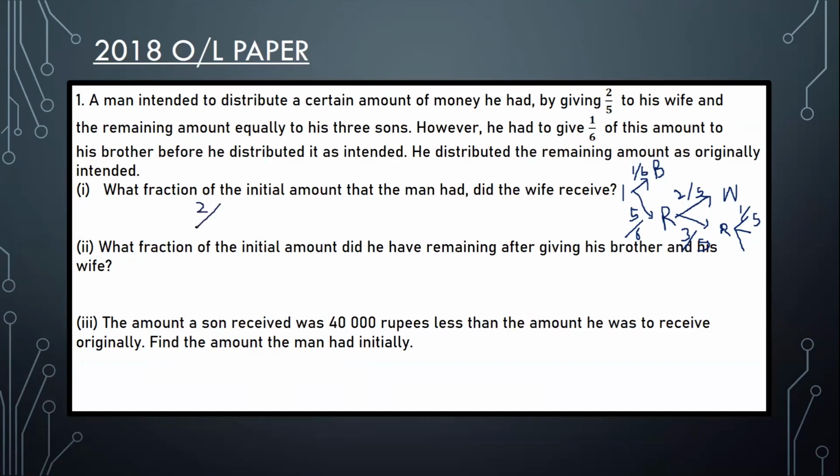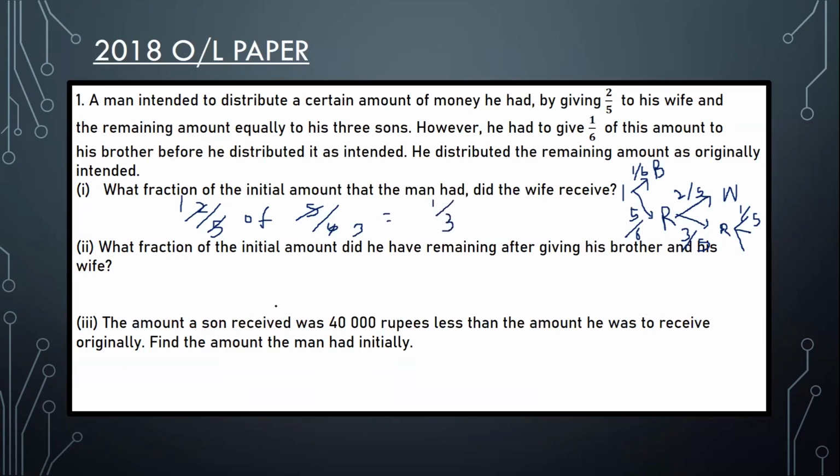So with your diagram, 2/5 of 5/6. So if you simplify, 5 and 5 will cancel off. Then you can cancel off 2 and 6 as 1/3. So the answer is going to be 1/3.